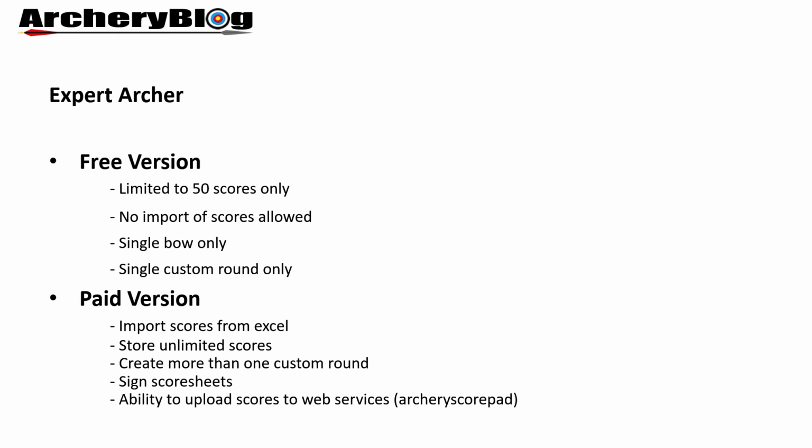It's not expensive for the paid version, of course, and that does allow you to import scores from Excel, store unlimited scores, create more than one custom round, which is going to be useful, and you can sign your score sheets before you send them on if you need to do that. And of course you then get the ability to upload scores to web services, where at the moment when I reviewed it, it's only Archery Score Pad.